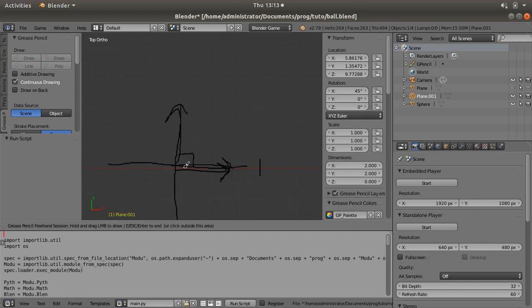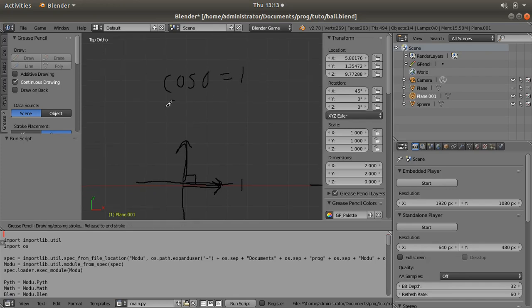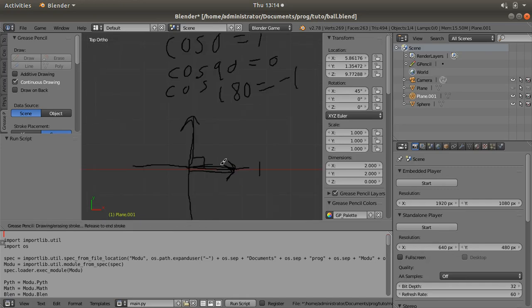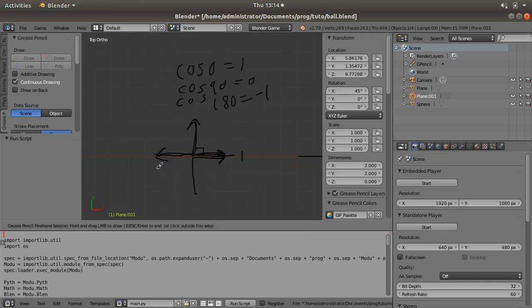You can also think of it as angle, because the cosine of 0 is 1, and the cosine of 90 is 0, and the cosine of 180 is -1. So if I have one vector here and one vector here, then cosine of theta is -1.